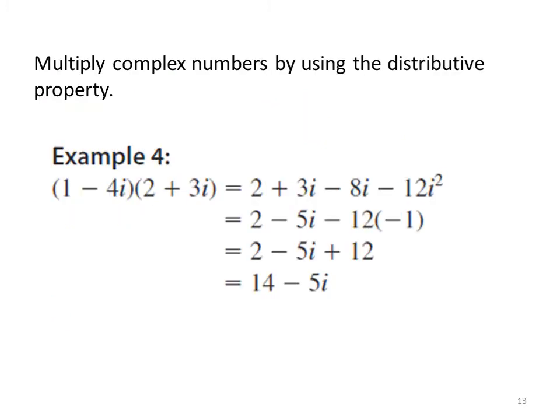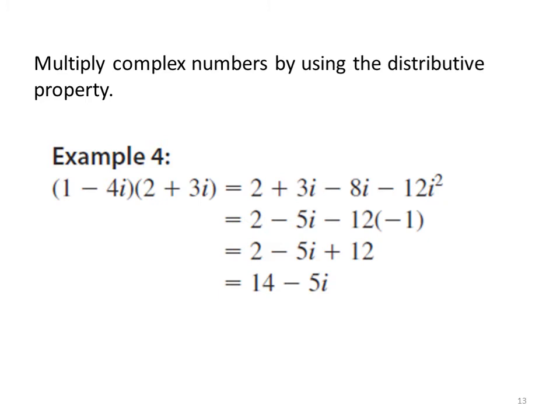Now, to multiply complex numbers, you can do this by using the distributive property. And here is an example that would explain multiplication. Multiply the first number, 1 minus 4i, times 2 plus 3i.